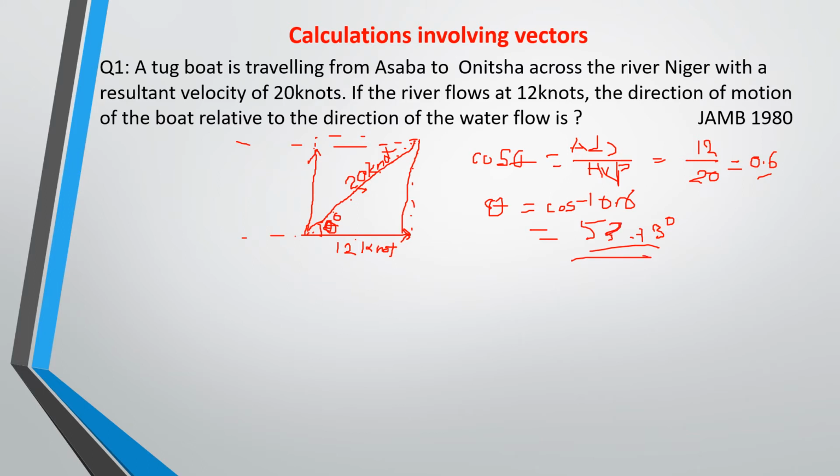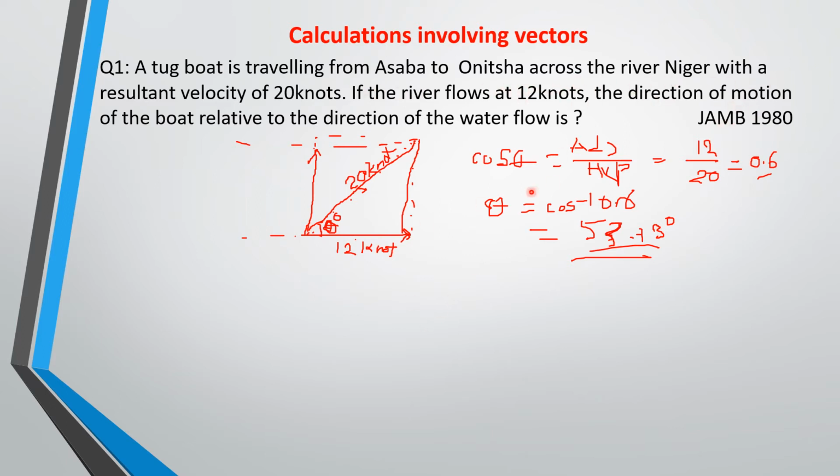Mind you, take note that this question is a JAMB question, and you are not expected to spend more than 1 minute per question. So try to understand the question that you are given, then know the direct formula to apply. If you are able to represent this in a diagram, it becomes easy for you to understand. So please try to understand this short method of solving problems, especially when you are writing JAMB examination, even WAEC.